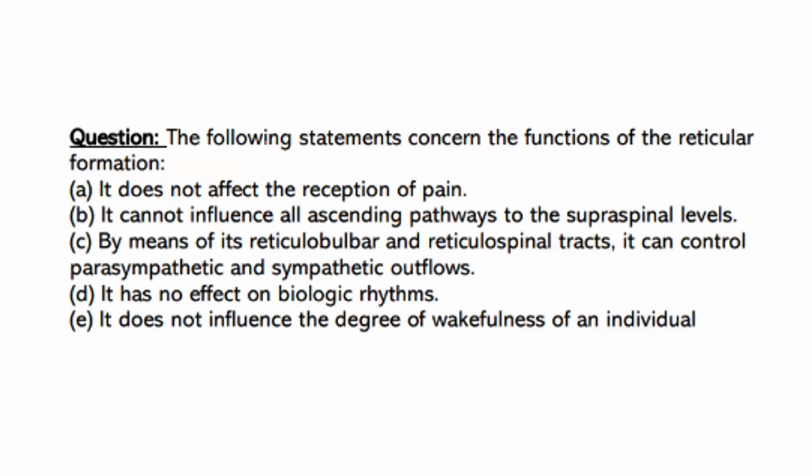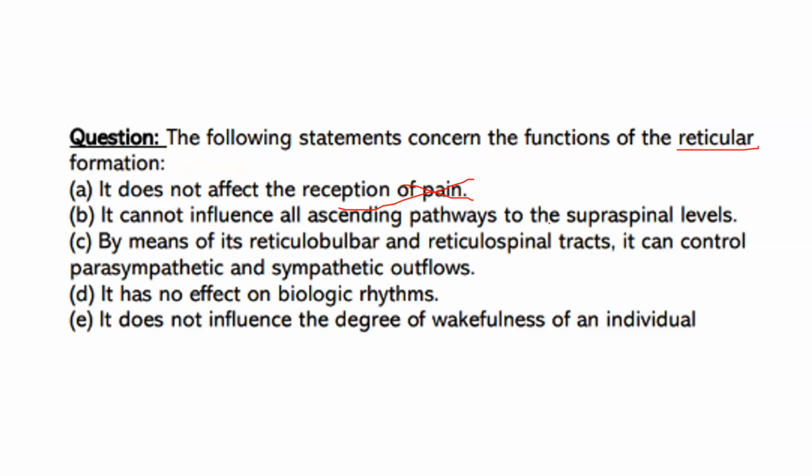The next question is, which of the following statements concern the functions of the reticular formation? The reticular formation does affect the reception of pain, so this one's wrong. As for B, it cannot influence all ascending pathways to the supraspinal levels.